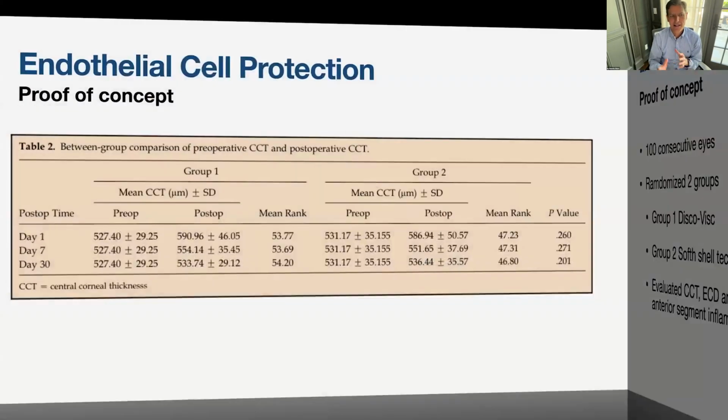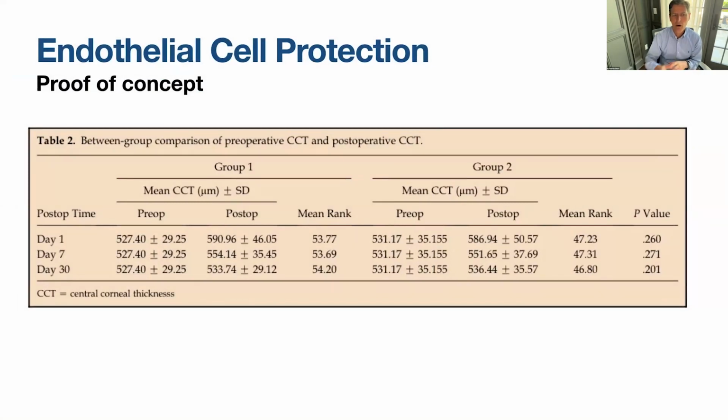So they randomized it into groups, and here we see the outcomes. The pre-op corneal thickness, the post-op, as you can see, there's swelling, there's an increase in the thickness at day 1. It starts reducing at day 7, and it goes basically back to normal baseline at day 30.